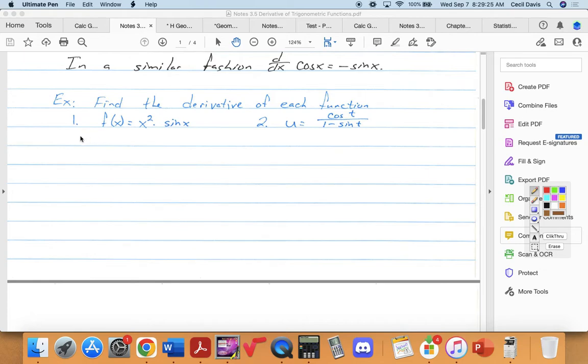So when I'm taking the derivative, I'm going to have to use the product rule, which, the way I do it at least, I keep the first factor, x squared, times the derivative of the second factor, the derivative of sine being cosine, so that'll be cosine of x, plus the second factor times the derivative of the first, which would be 2x.